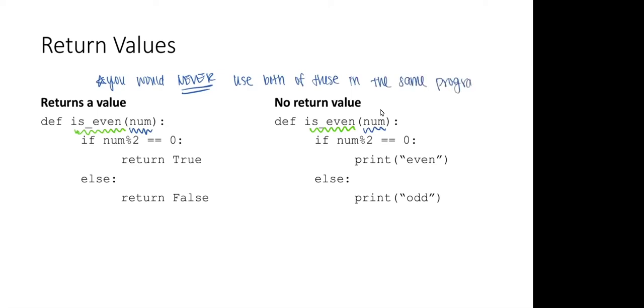The reason why I'm showing it to you guys side by side is for the sake of an example, but you would never use both of these in the same program because their signatures, so the function name and the inputs, are the same. Don't do that ever. But let's go ahead and take a look at the right-hand function, the right-hand procedure, and see what it does.